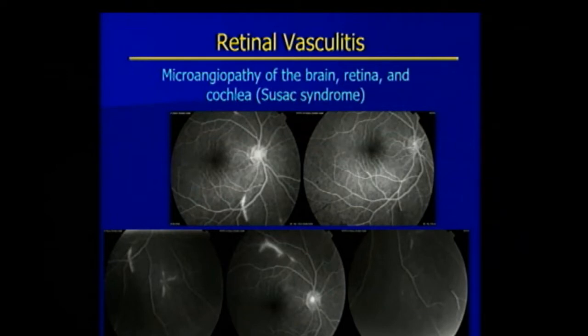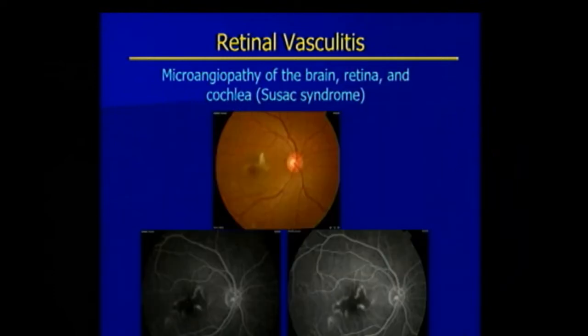Clear? And then the occluded arterioles, the proximal part, is showing leakage. In fact, this type of leakage is pathognomonic for Susac syndrome. If you look at all articles on Susac syndrome, this is a classic leakage you see in these patients.